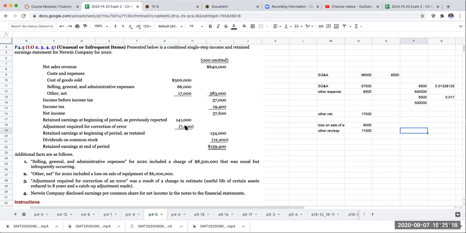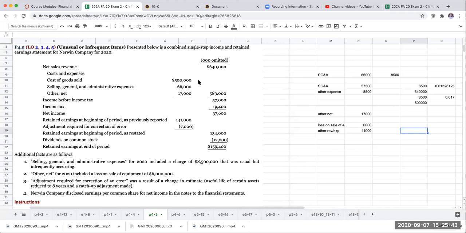So here's what your book says, the solution. It should not be reported in the retained earnings statement, and I agree with that because it's not an error, it's just a change in estimate. That's a very, very big difference. Changes in estimate should be handled in the current and future periods through the income statement.